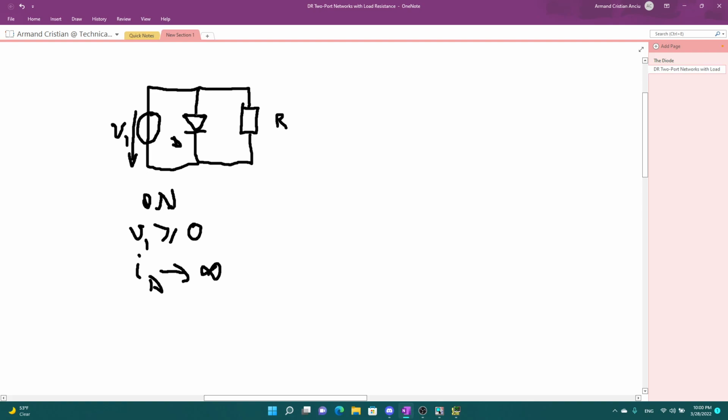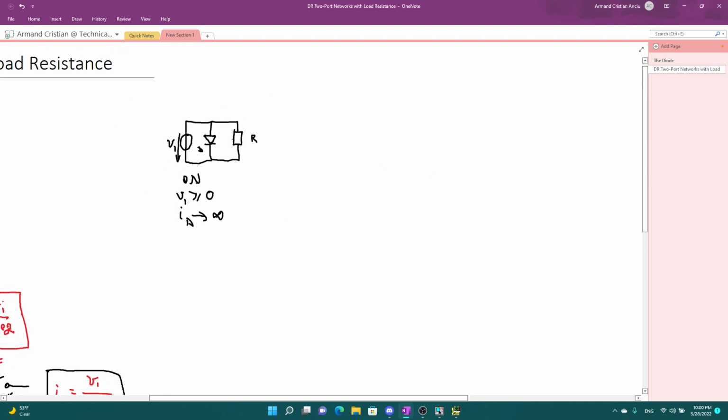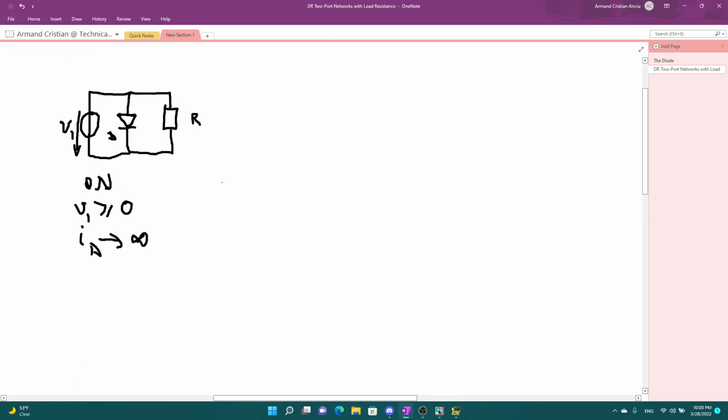Or like I said before, a diode in the on state is considered to be a wire, so the voltage source is basically short-circuited. In the off state, there's basically no reason to talk about it because there wouldn't be a wire here, it would be a gap. So basically our circuit becomes a voltage source connected to a resistor, so we don't need to talk about that.